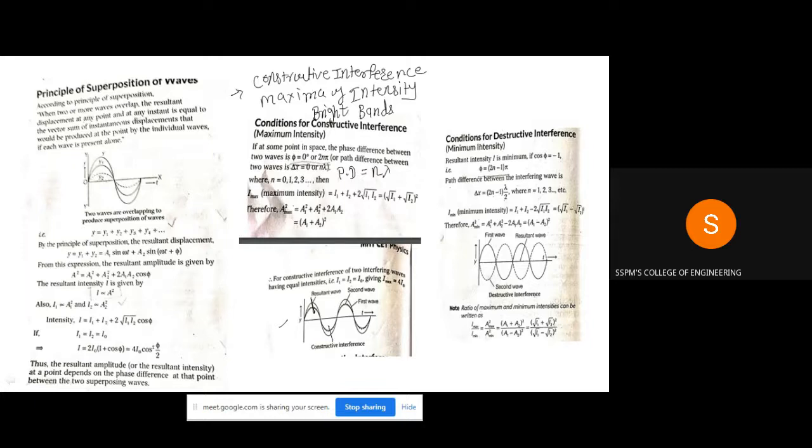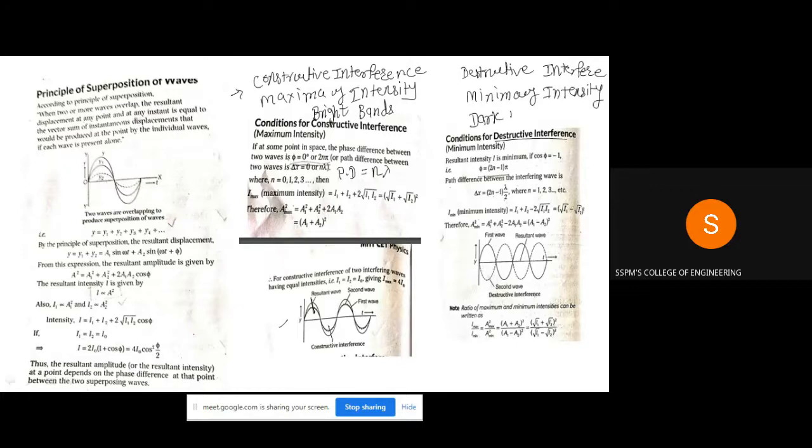Then next, condition for destructive interference. Again, three words are common: destructive interference, then minima of intensity or minimum of intensity, and the third word they may use is dark band.